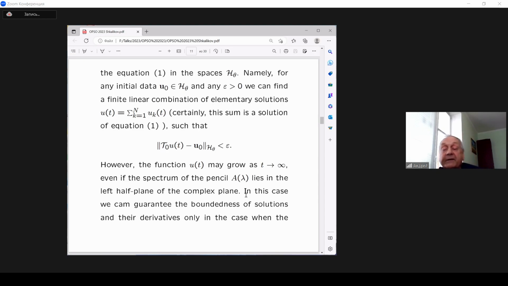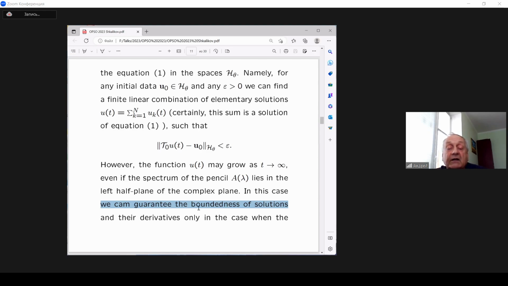In this case, we cannot guarantee that the solution is not growing when t tends to infinity, with its derivatives.